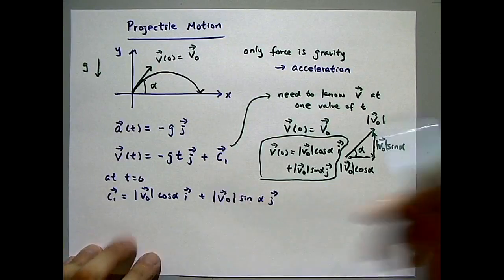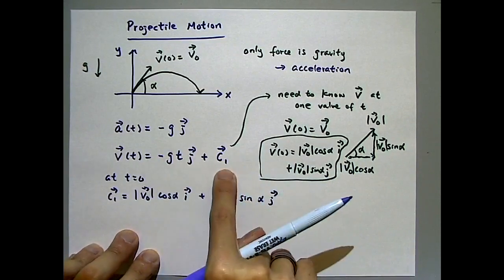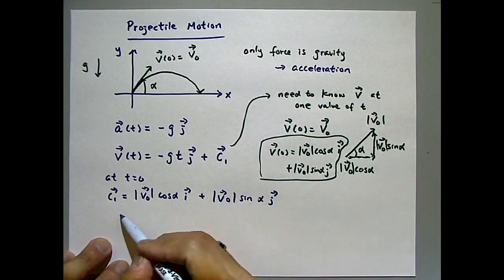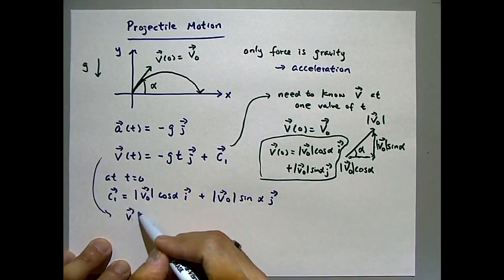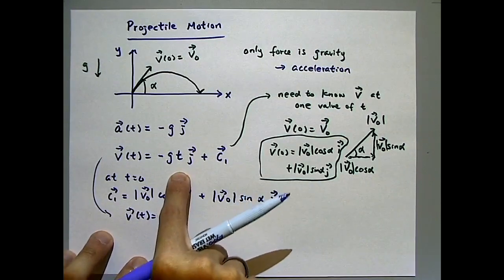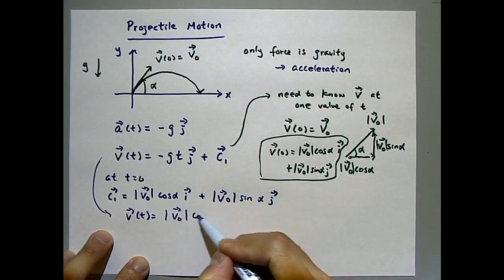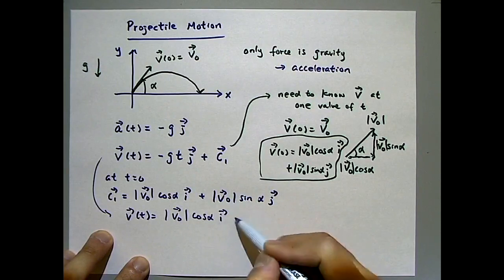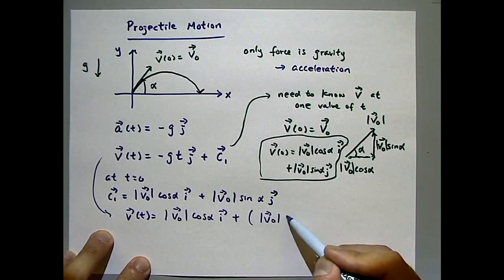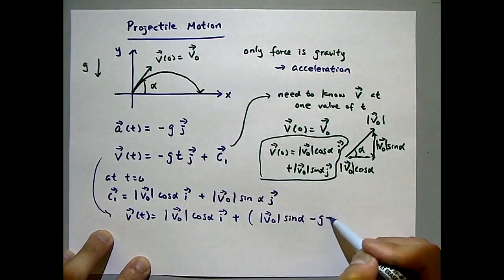And you've seen in the last example too, if you know the initial time and this thing disappears, then this turns into the initial vector. So at the end of that, we get this guy plus v sub 0 sine of alpha minus gt j.